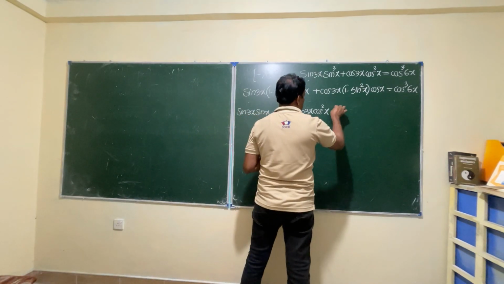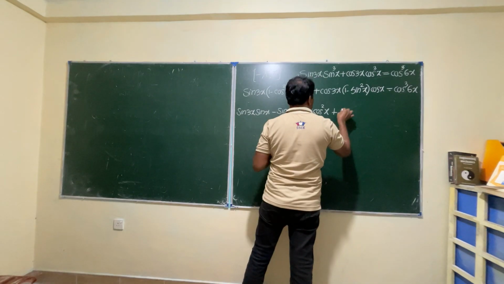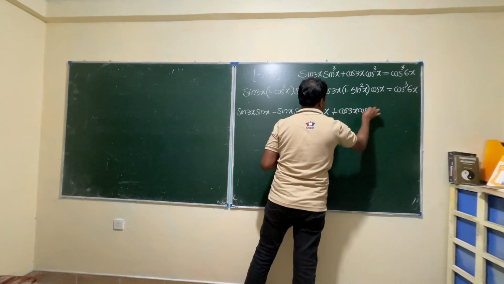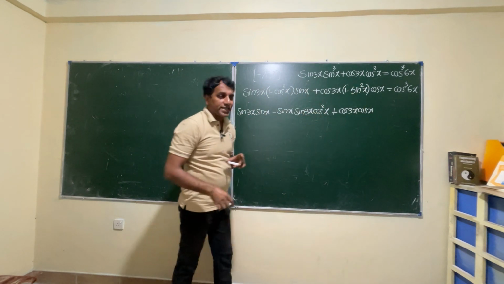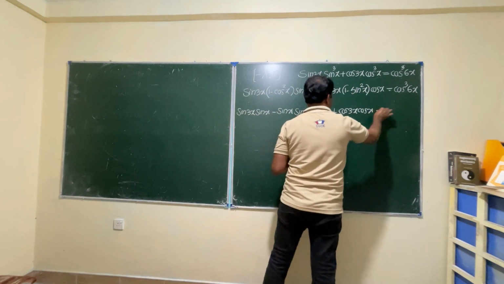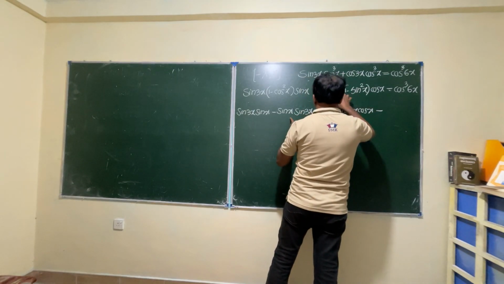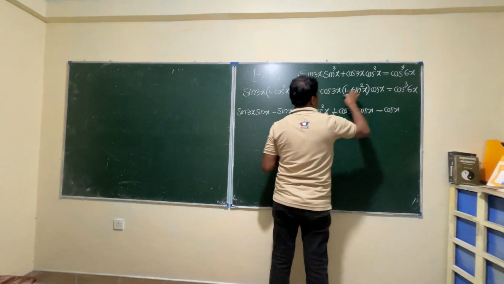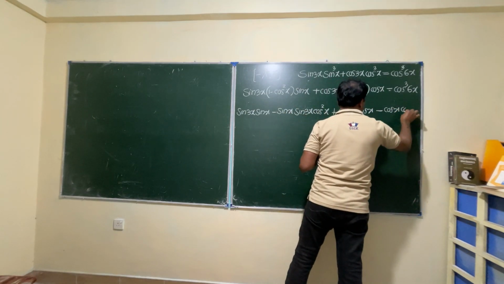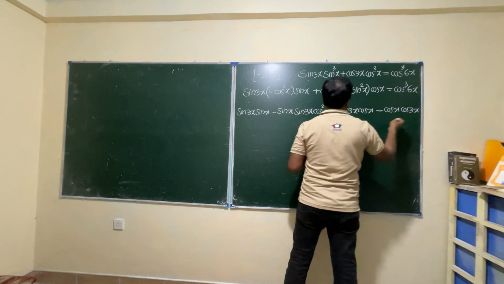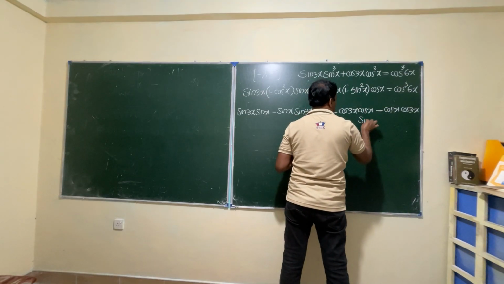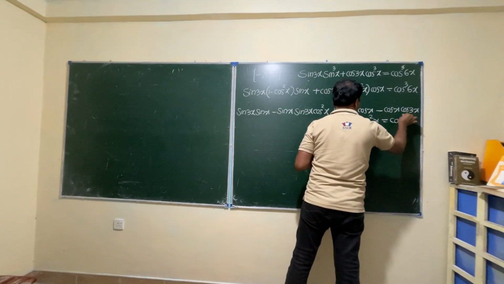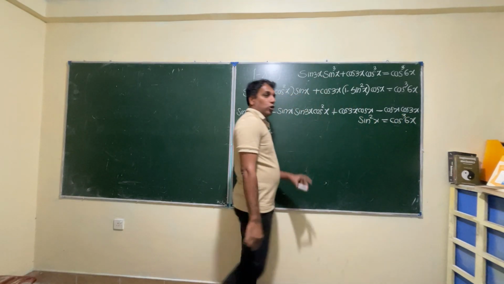Come back in a similar fashion here, multiply this, cos 3x cos x, minus, the same type, cos x into cos 3x into sin square x, equal to cos cube 6x.